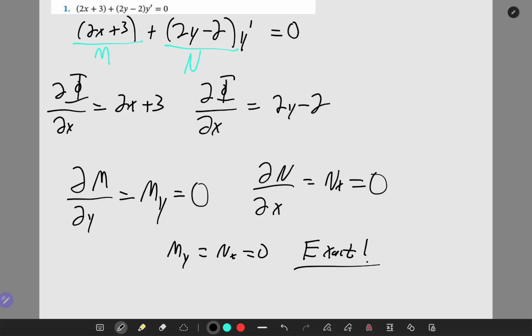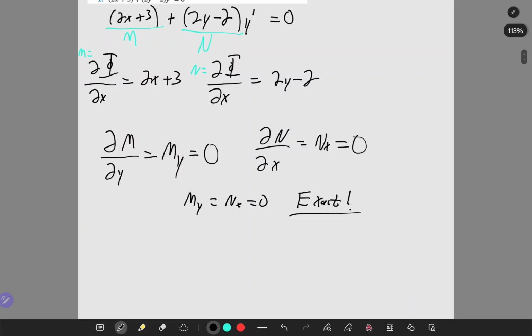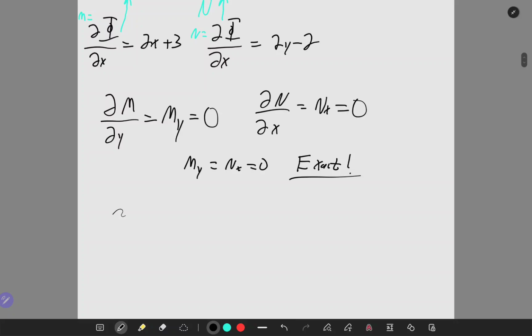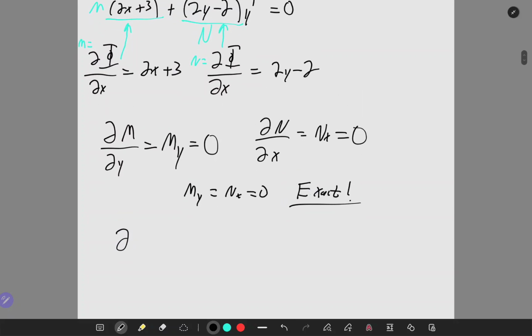Now we know that, like I wrote down here, M is equal to and N is equal to, right? So we know M is equal to partial of phi with respect to x. So I'm going to pick M first, or the partial of phi with respect to x.